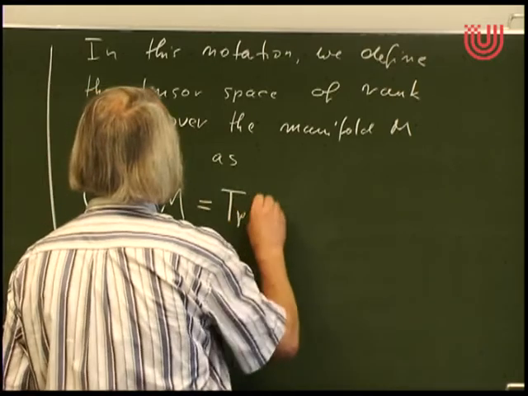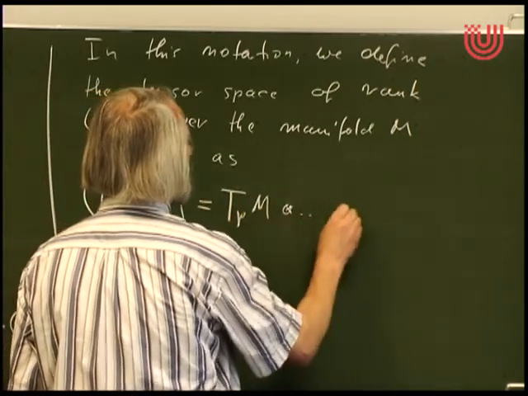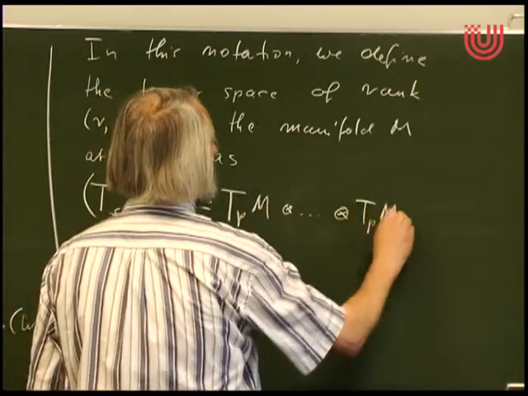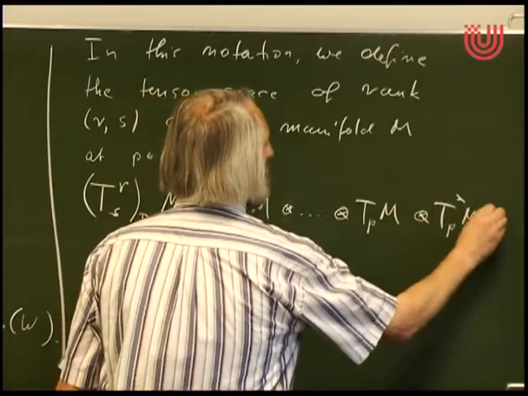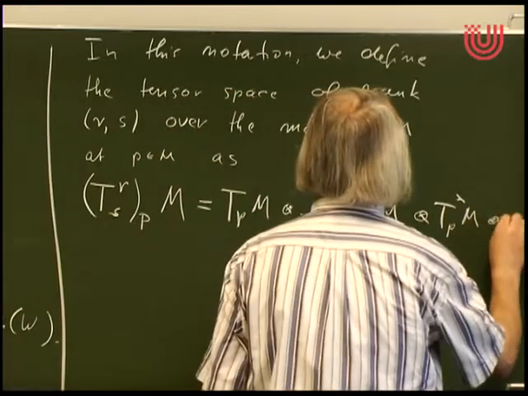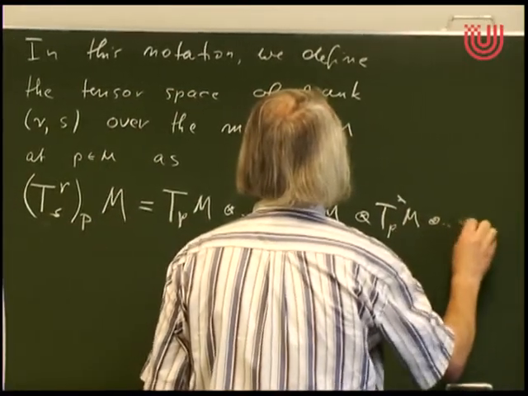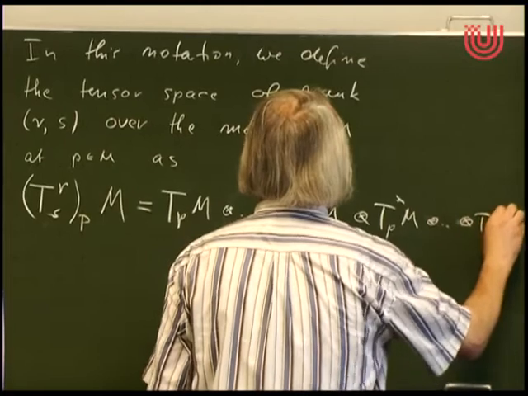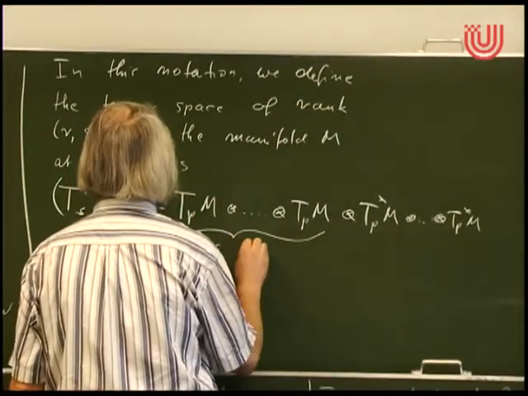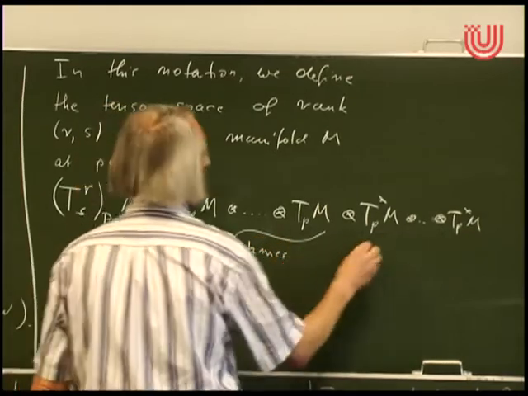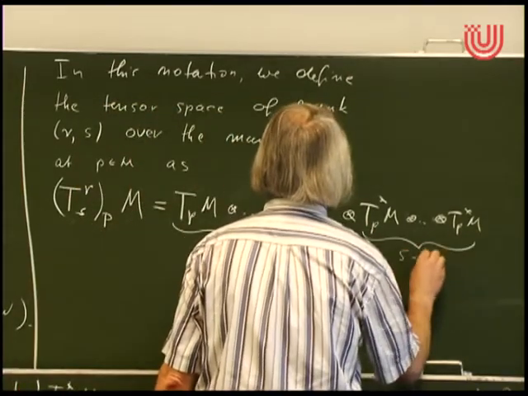So I have T_pM tensor T_pM, and the same thing with the star. Here I have r factors, this occurs r times, and this occurs s times.